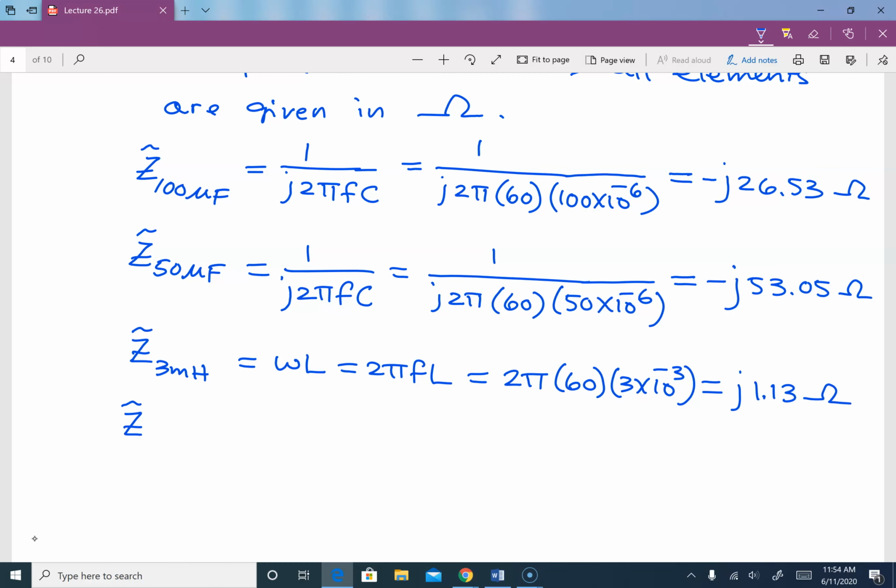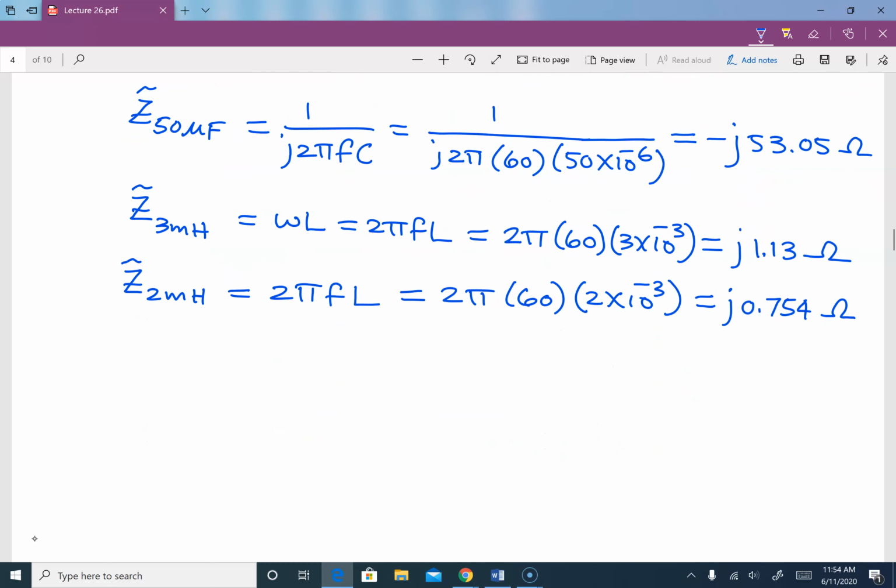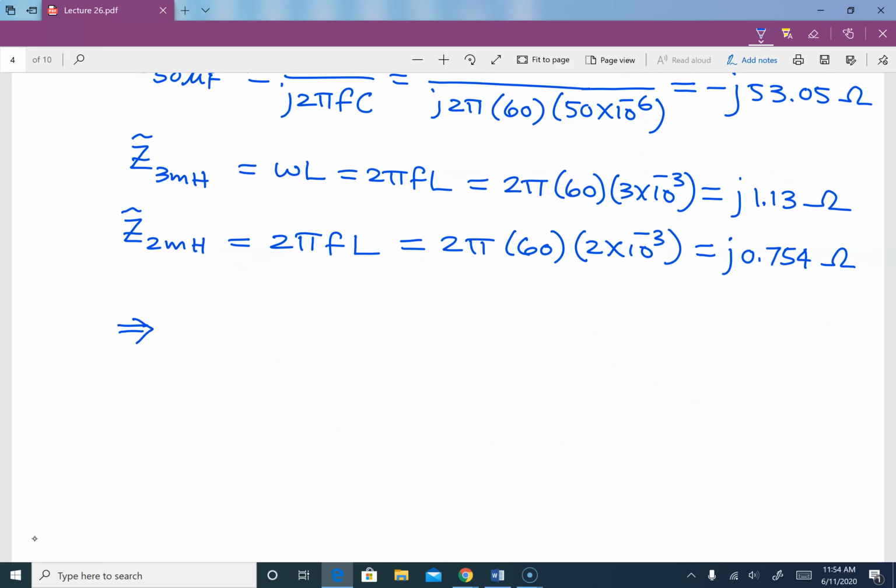Then the Z of the 2 millihenry is 2 pi FL, which is 2 pi times 60 times 2 times 10 to negative 3. The answer here for 2 millihenry will be J 0.754 ohm.